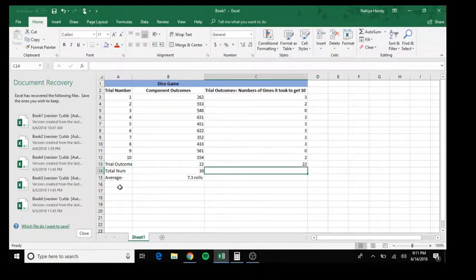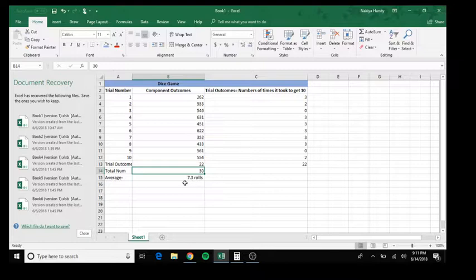So yeah, this is just a layout to show you that I won 22 times to get to 10 from being 10 spaces away. The total number of numbers that I used for my component outcomes was 30, and they were used with random digits. And the average of those trial outcomes it took to get to 10 was 7.3 rows.